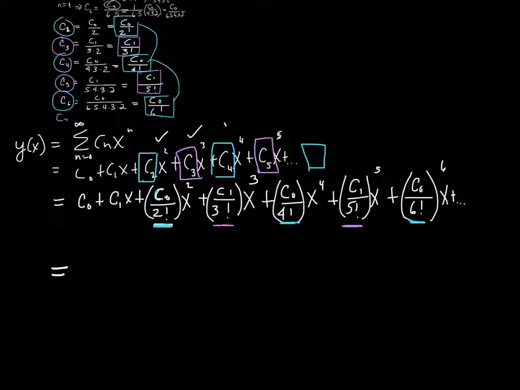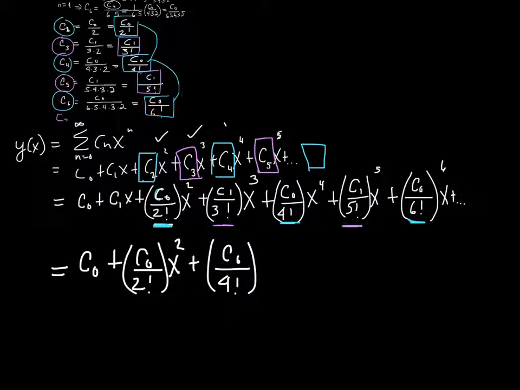So C0 plus C0 over 2 factorial x squared plus C0 over 4 factorial x to the 4th plus C0 over 6 factorial x to the 6th plus dot dot dot.